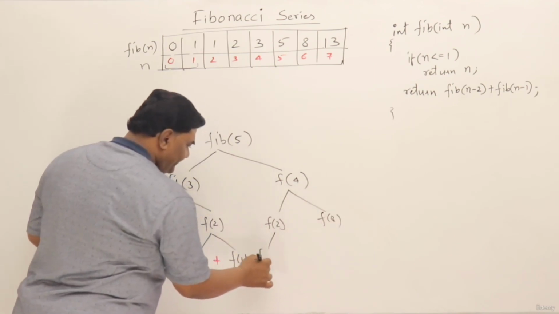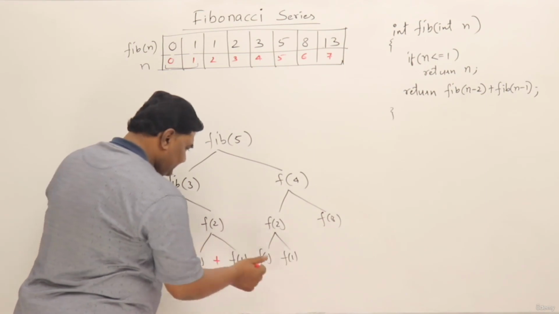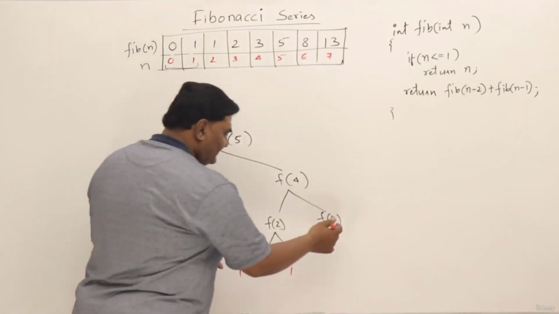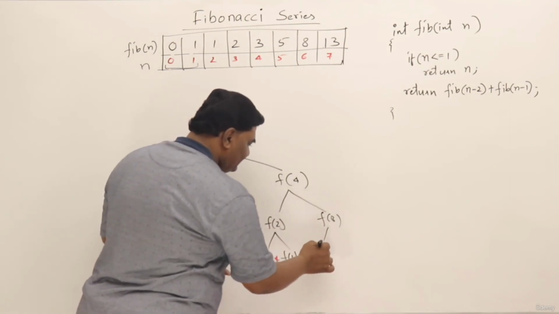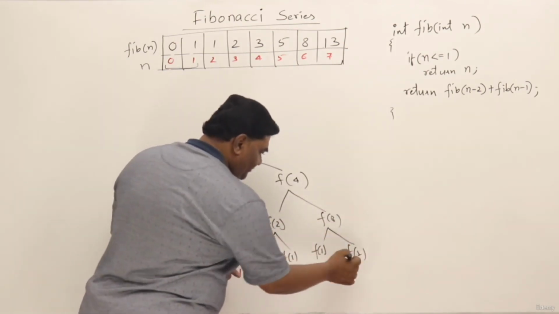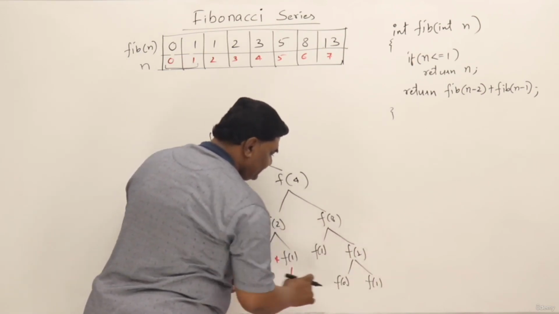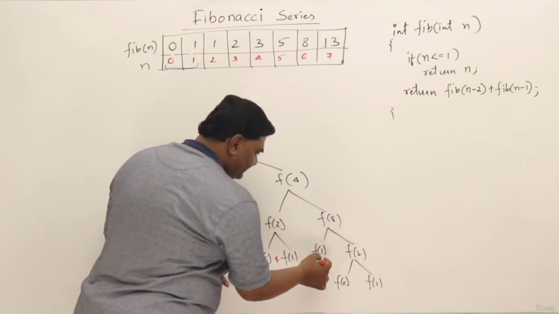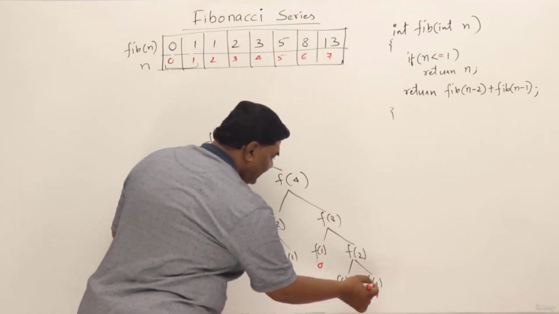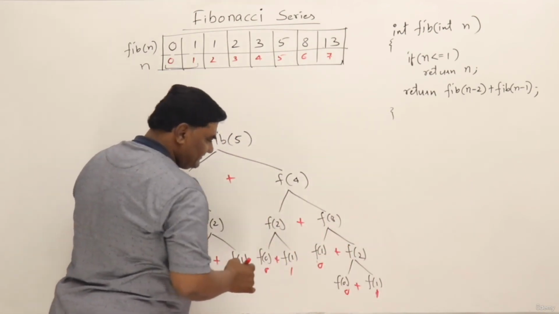Fib of 2 calls fib of 0 and fib of 1. These results 0 and 1 are obtained and added, and the result is returned. On this side, fib of 3 again calls fib of 1 and fib of 2. Then fib of 2 calls fib of 0 and fib of 1. Here the result is 0, and this is 0 and this is 1, and they are added, returned, added, and the final addition is done.